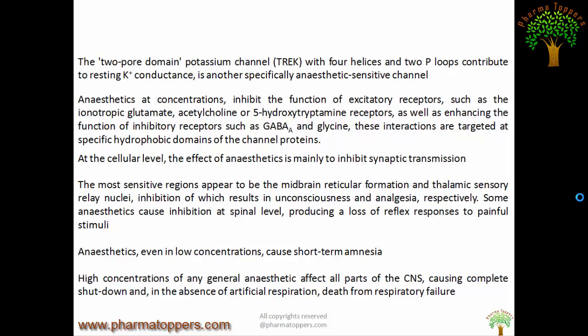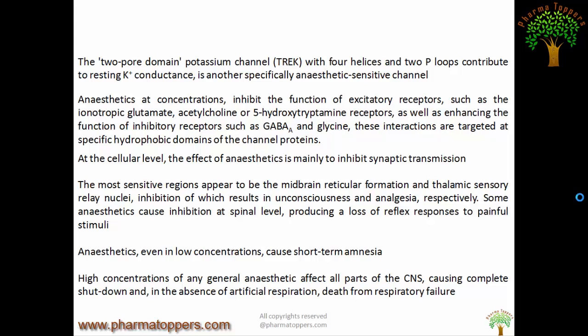As the concentration of anesthetic is increased, brain functions are affected, mainly motor control, reflex activity, respiration, and autonomic regulation. At the cellular level, the effect of anesthetics is mainly to inhibit synaptic transmission. Inhibition of this transmission causes a reduction in transmitter release and action of the transmitter, as well as a reduction in the excitability of the postsynaptic cells, reducing the postsynaptic response, which is considered to be the main factor.